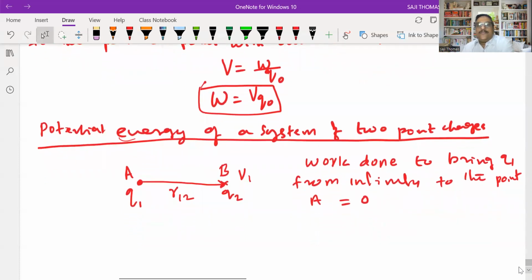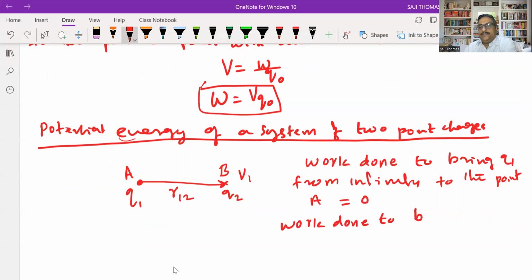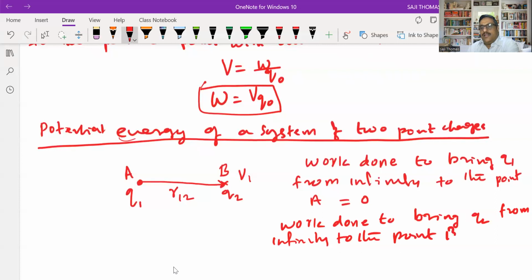Now we are bringing Q2. Work done to bring Q2 from infinity to the point B. For that, we had to use the above formula.